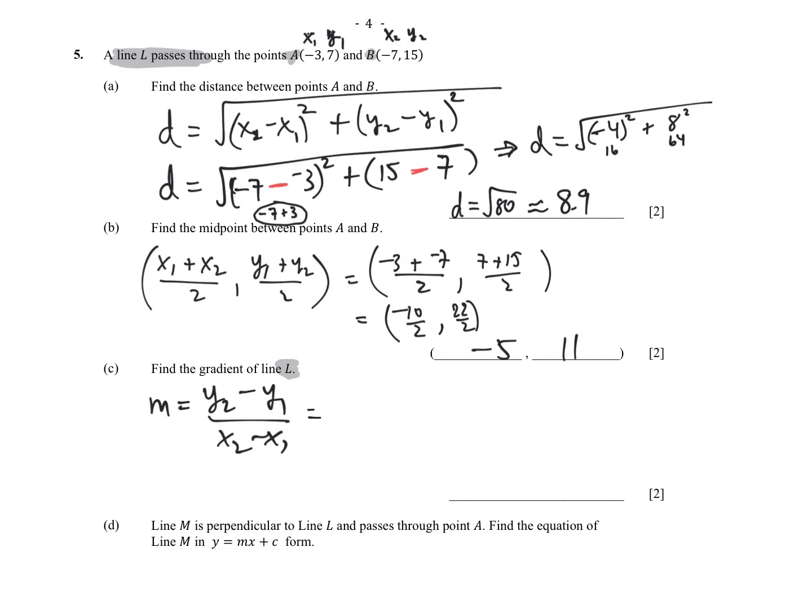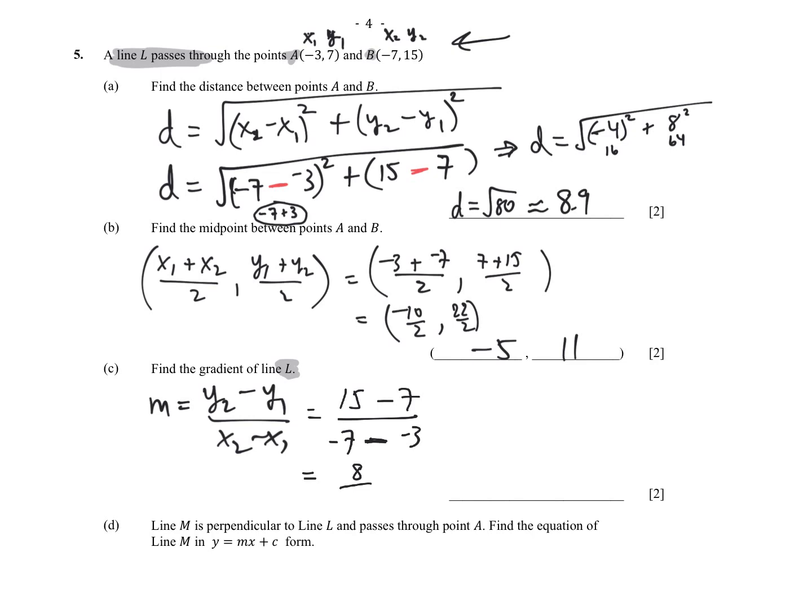So y2 is 15, y1 is 7, and I'm looking up here while I'm working, right? x2 is negative 7 minus x1 is negative 3. I think there's a few people that made that mistake, either in the distance formula or here in the slope formula. 15 minus 7 is 8.